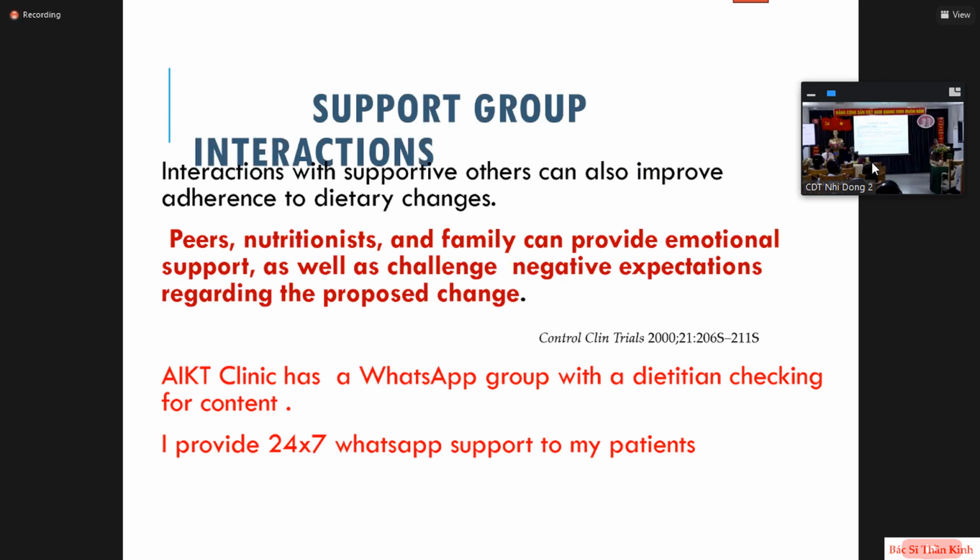In my setting, I do not have a WhatsApp group with the patients, but I do provide 24/7 WhatsApp support to all my patients, because they can message me with their queries, and I try to reply within a maximum of 2 hours. That really goes a long way in improving compliance.